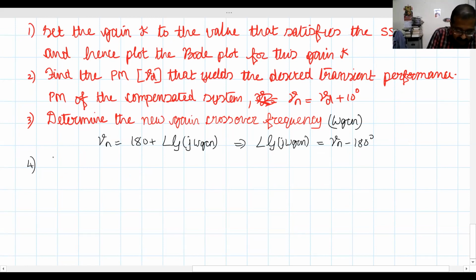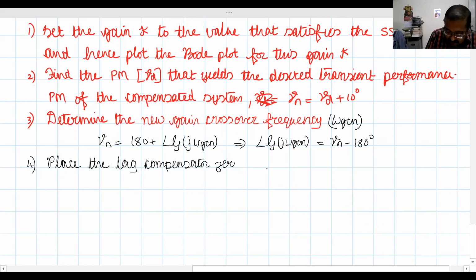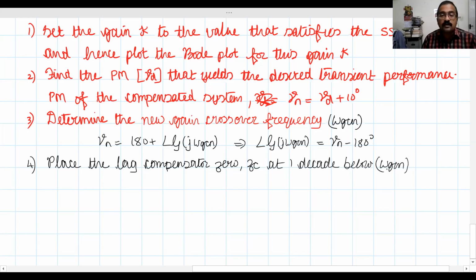Place the lag compensator zero ZC at 1 decade below omega GCN. So once you have found the new gain crossover frequency, you place your lag compensator zero 1 decade below that. That will give us the lag compensator zero position.